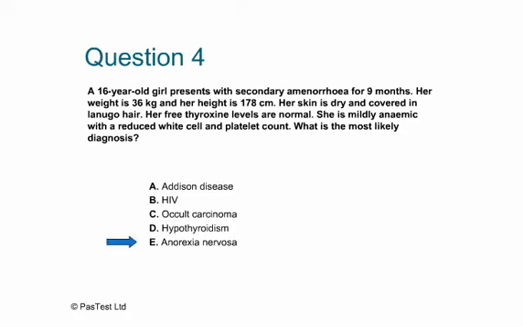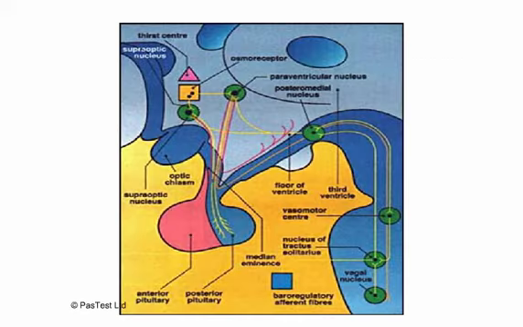Let us now move on to water balance. In this cartoon, you can see the anatomical connections between the hypothalamus and the posterior pituitary. The posterior pituitary secretes arginine vasopressin, or AVP, which acts on the renal tubules, particularly the collecting tubules.